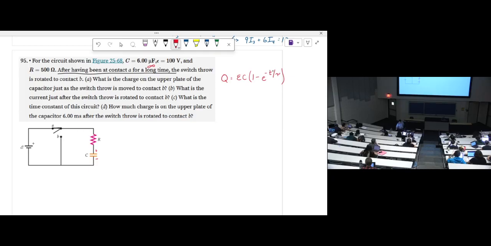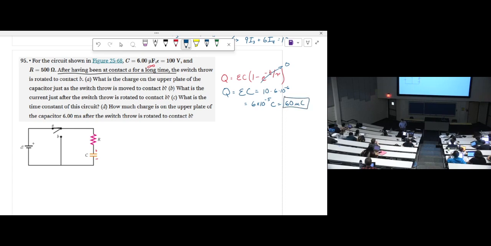And if we take e raised to the minus infinity, then this term is going to go away, and we just get that the charge is exactly what we would expect the charge to be if the RC circuit had no resistor in it, right? It has had enough time to fully charge, is another way to say this. And fully charged would be, in this case, 100 times a capacitance of 6 times 10 to the minus 6 farads, and that's going to be equal to 6 times 10 to the minus 5 coulombs, or that's 60 microcoulombs.